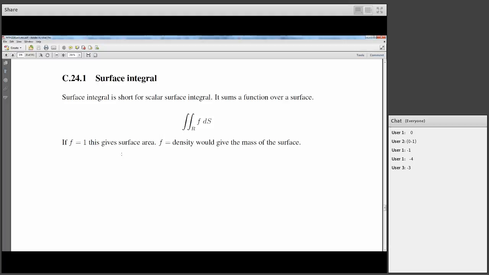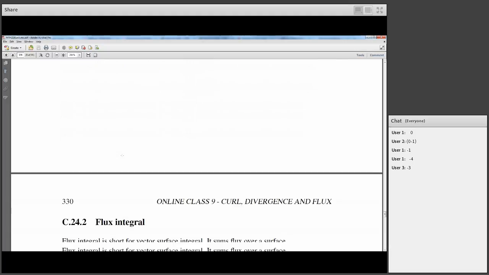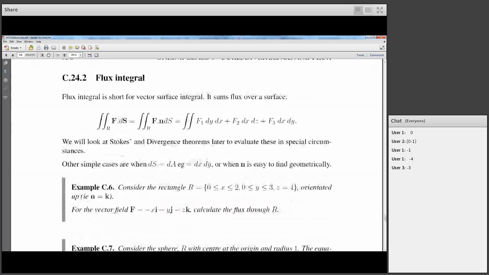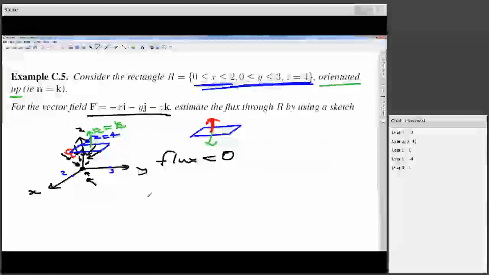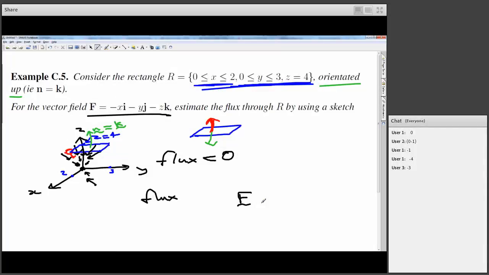The one I really want to focus on is a flux integral. Just explaining how the flux works: at any point, for my vector field F, I want to consider the component of the vector field in the direction of the normal.